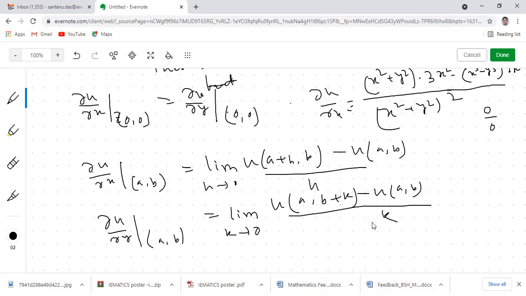Okay. Can you remember this definition? Yes, sir. So here we need to use this definition. Similarly, whenever we are finding del v del x, u will be replaced by v.